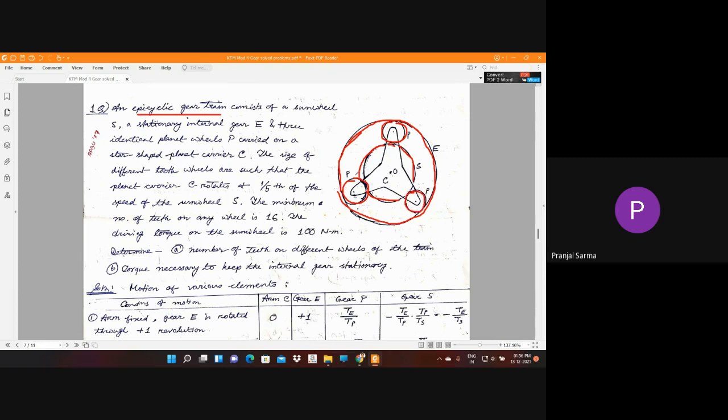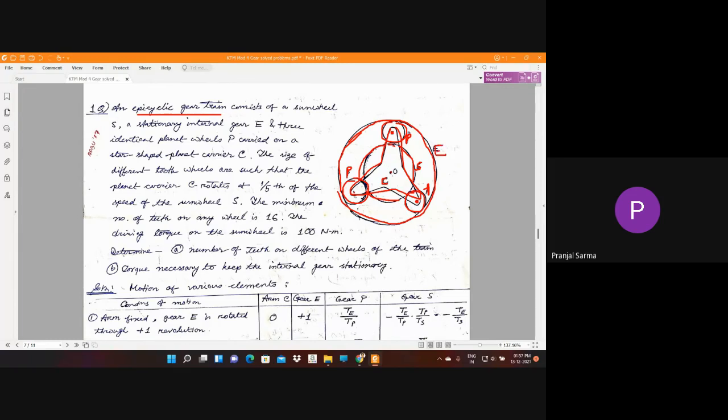They are pivoted at the center of the planet gears and also at the center of the sun gear. This is the carrier C, the planet gears are denoted by small p, this is the sun gear S, and this is the external gear E.